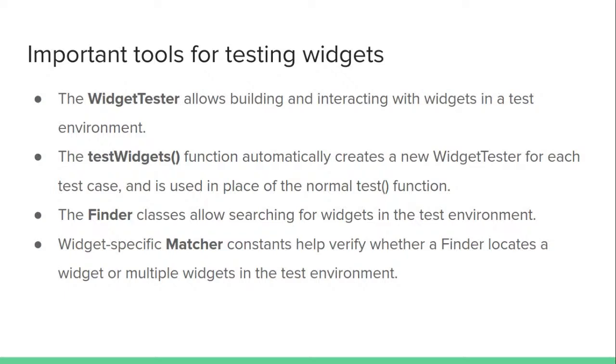And the Finder allows us to search for widgets in the test environment, and the Matcher constants help verify whether a Finder locates a widget or multiple widgets in the test environment.